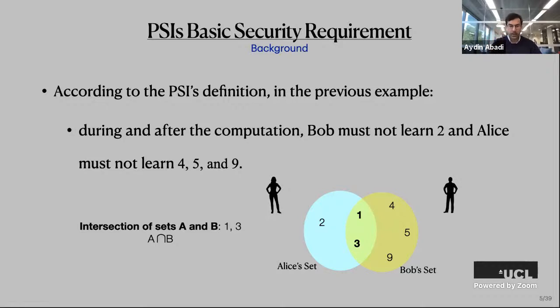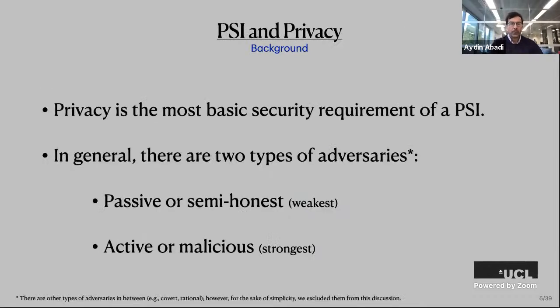So, based on our definition of PSI, during and after the intersection, Alice should not be able to learn 4, 5, 9. Bob should not be able to learn 2. It's simple, right? Privacy is the most basic property of a PSI.